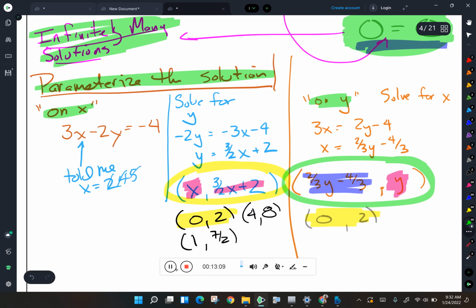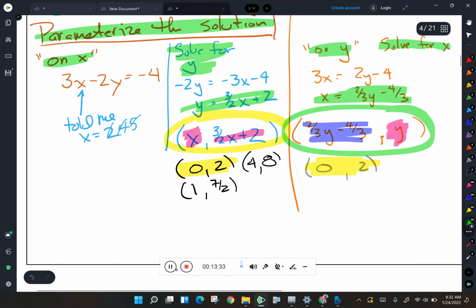Parameterizing means to solve for that other variable. So if I'm parameterizing on x, I'm solving for y in terms of x. If I'm parameterizing on y, I'm going to solve for x in terms of y, and then write my system solution as an ordered pair, but algebraically. Okay. And then I get an equation, essentially, a formula would be a better way to say it, for the other variable.